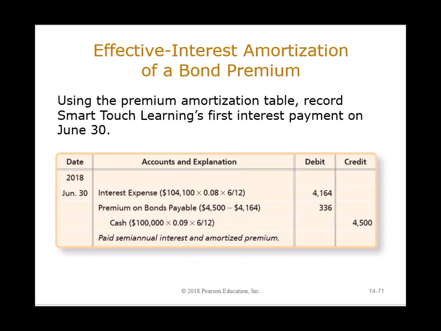Similarly, for the $4,500 interest payment entry, we debit interest expense for the amount that we computed. We credit cash the $4,500, and the difference between the two, because it's a premium rather than a discount, is that the premium account gets debited by the $336.